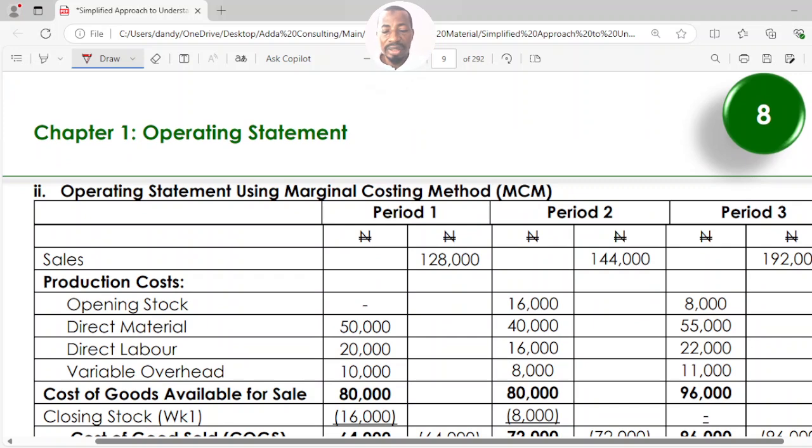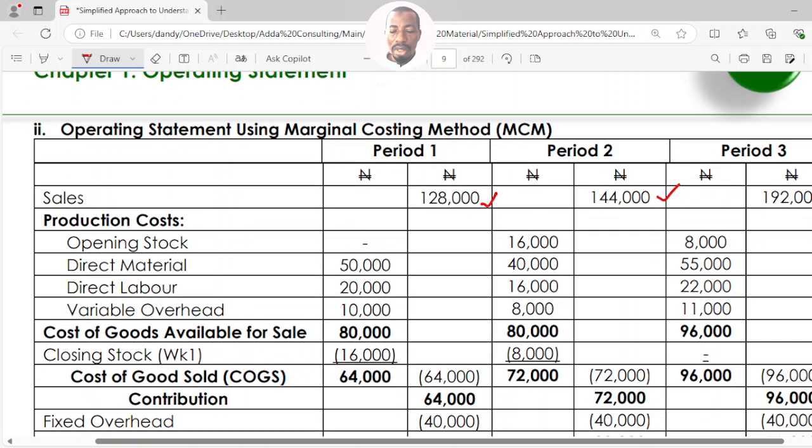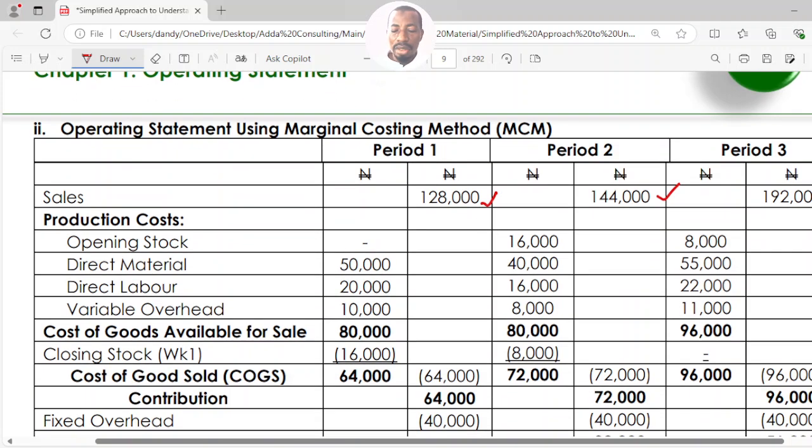Number 2, operating statement using the marginal costing method. The sales value under absorption will be the same as the sales value under the marginal costing approach. Again, in period 1 there was no opening stock, that's why we put a dash.